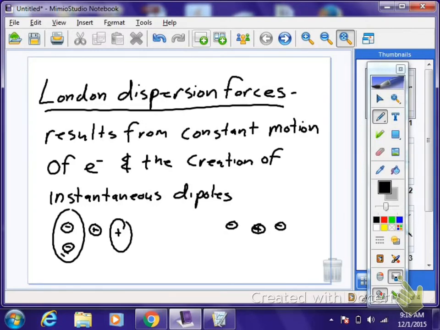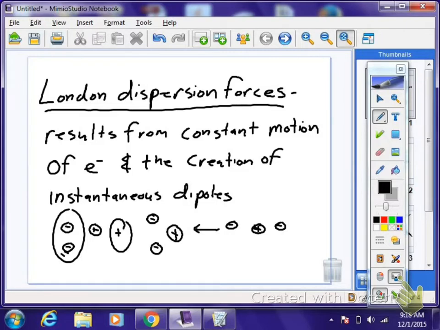So it's going to cause this one to induce and look like this when it comes in close proximity to it. When that atom gets close to this atom that has a side that's slightly positive and one that's slightly negative, it induces the electrons to line up.